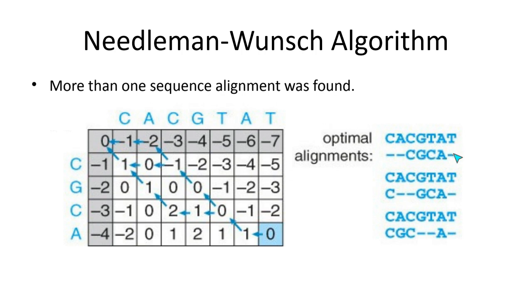You go to the next cell over and it's diagonal. Diagonal is the same thing as aligning this letter and this letter. That's what we have at the next position over in all these sequences, the A aligned with the A. You go to the next one over, and now here's where it splits, where we have more than one option.